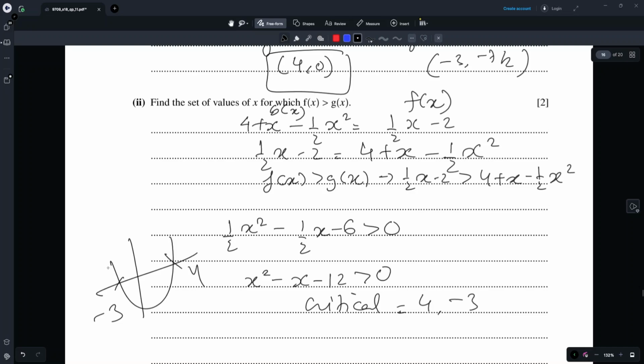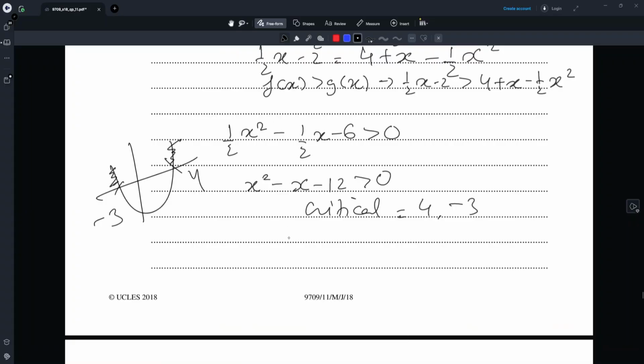Anything less than minus 3 will give me something positive, and anything greater than 4 will give me something positive. So this is going to be therefore x less than minus 3 and 4 less than x, or basically x greater than 4. So this is how things work here.